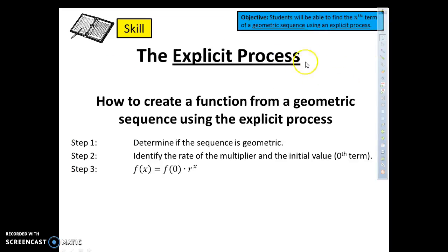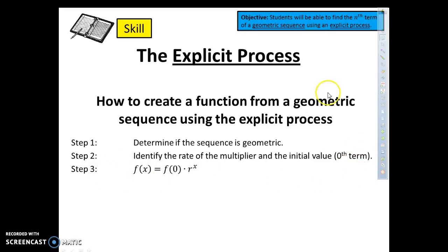In your notes, you have these steps, and this is how to create an explicit process function from a geometric sequence. Step 1, remember, we need to determine, first of all, is the sequence geometric? Step 2, identify the rate of the multiplier and the initial value. So how are my terms changing, and what is my initial value, the 0th term.